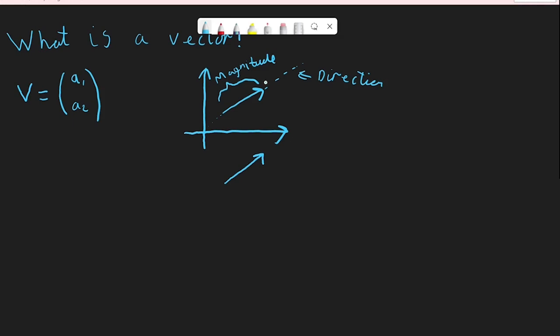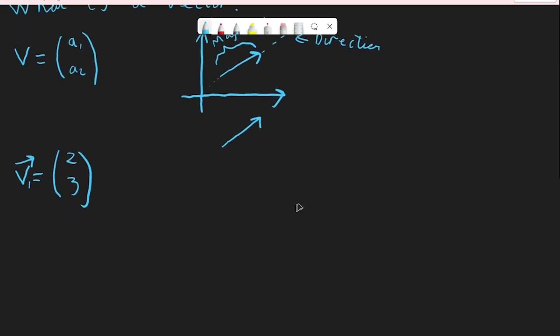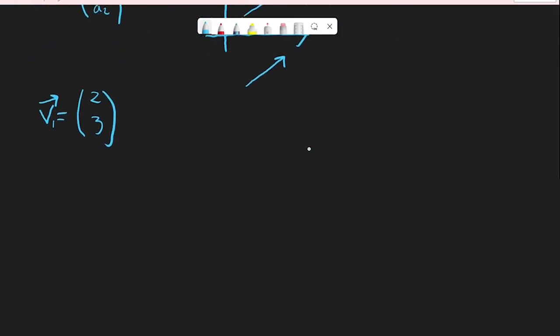So if we wrote a specific vector, vector 1, and often we make such a little arrow over here to show that this is a vector, and we could say it had 2 and 3. So this could be a normal vector. And if I wanted to put that as an arrow into a coordinate system, again, I could start anywhere. So I could start from 0,0, the origin.